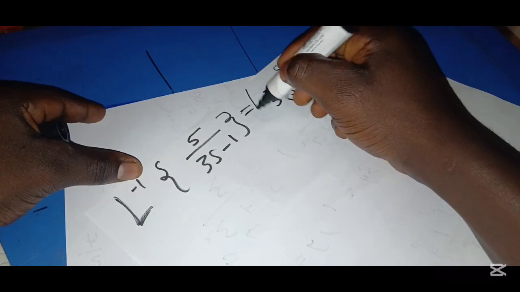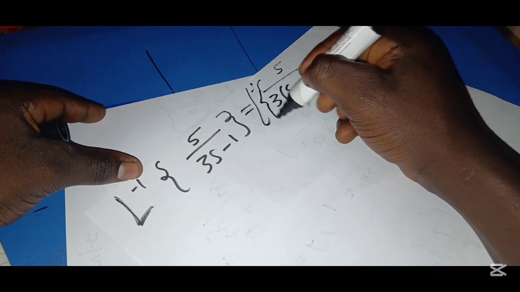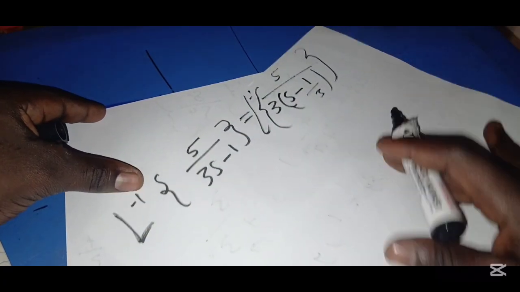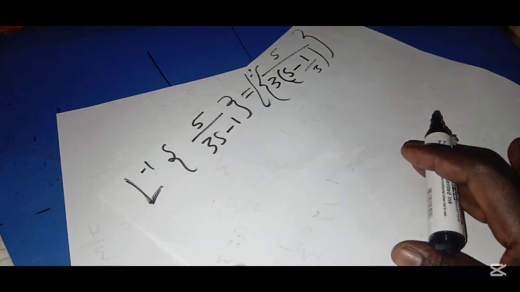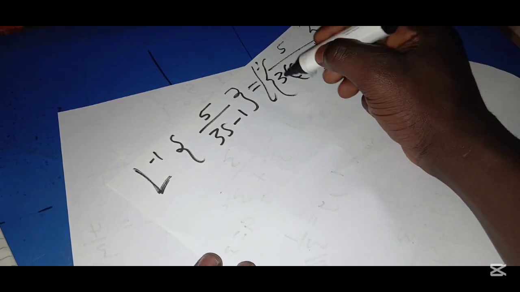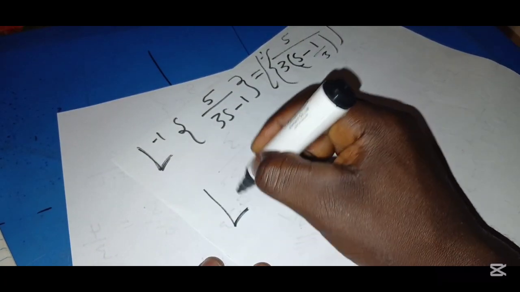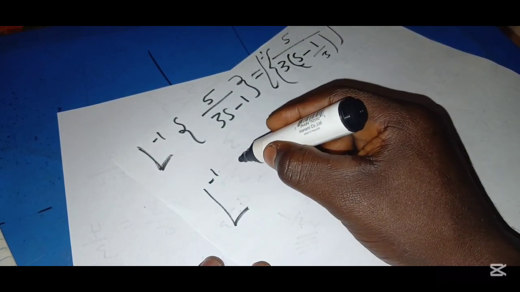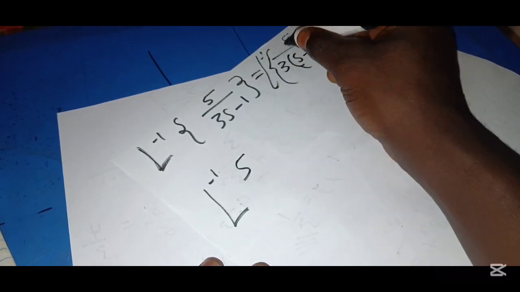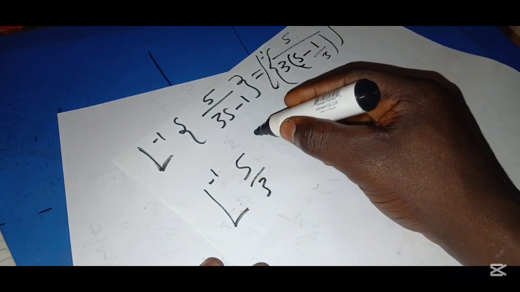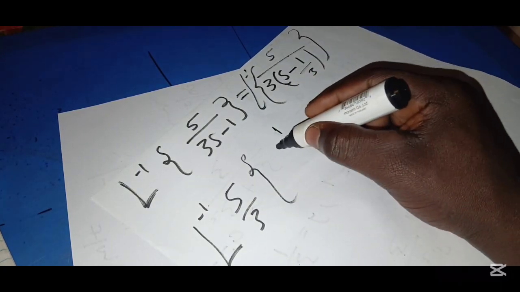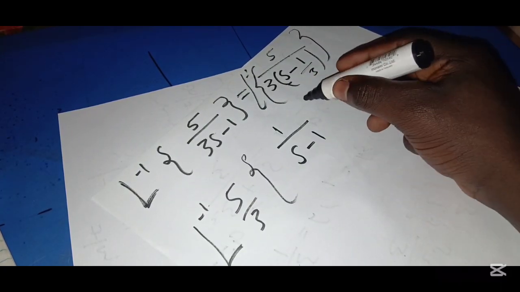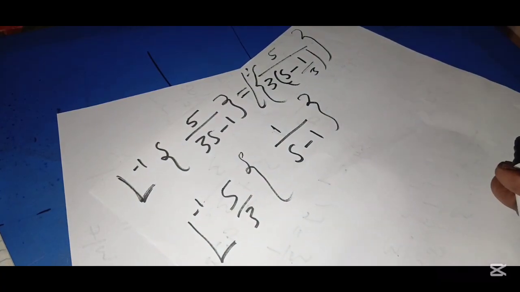and don't forget it is a Laplace inverse, right? And I can further factor this 5 on 3 out, right? So 3 to the power, Laplace inverse of 5 on 3. Now this place remains 1, right? 1 over s minus 1.